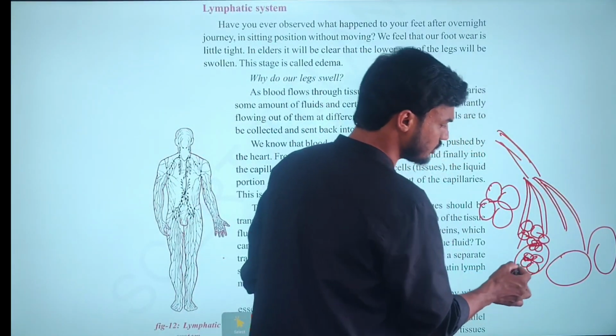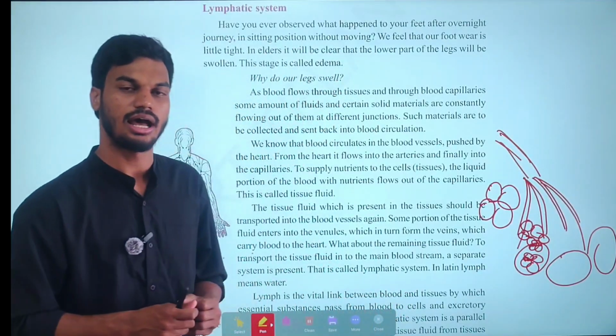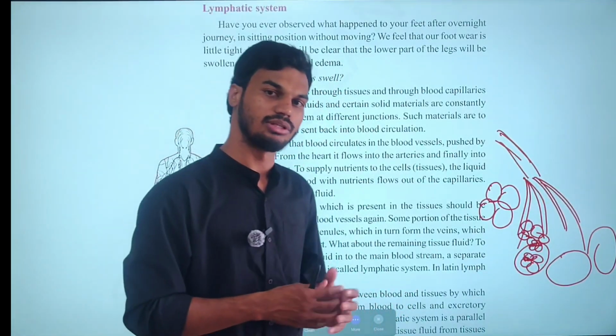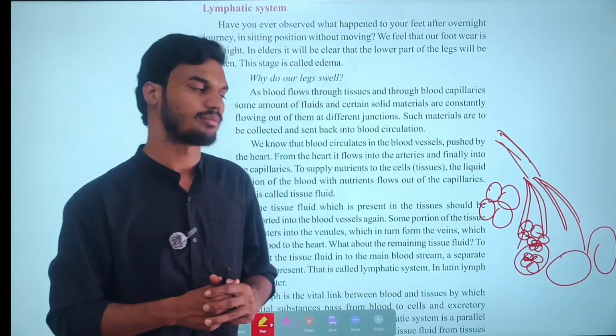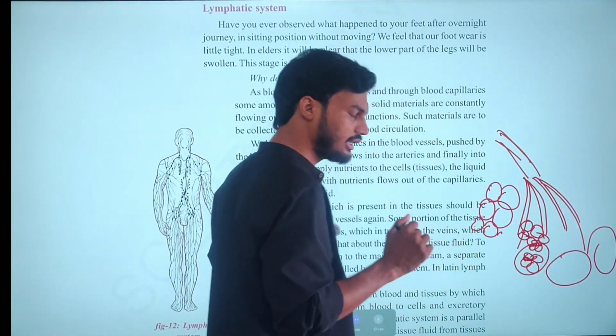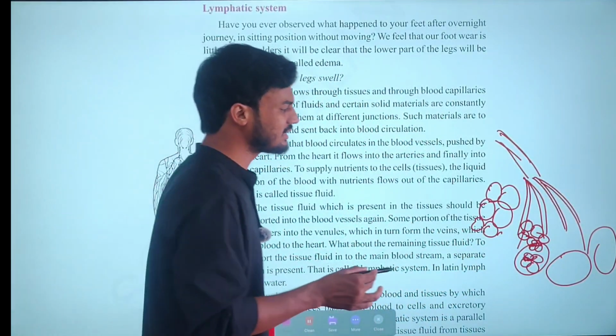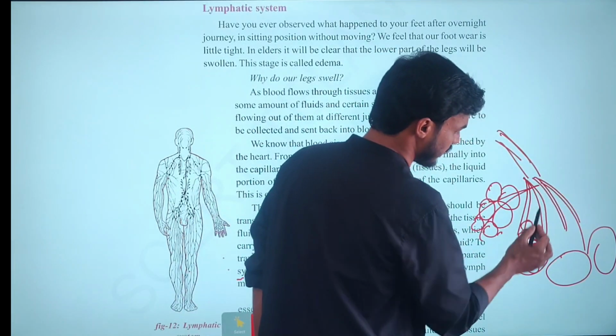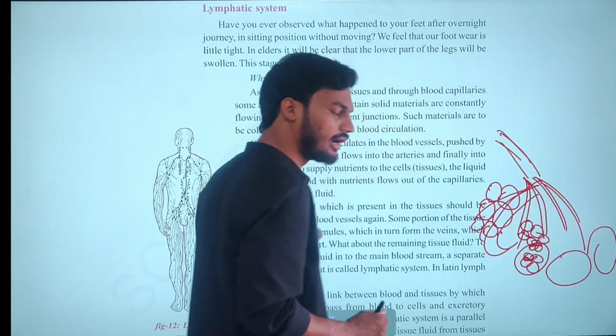After entering the tissues, the fluid collects the deoxygenated and excretory wastes, the unwanted wastes from the tissues. Some amount of this fluid enters back into the blood capillaries.